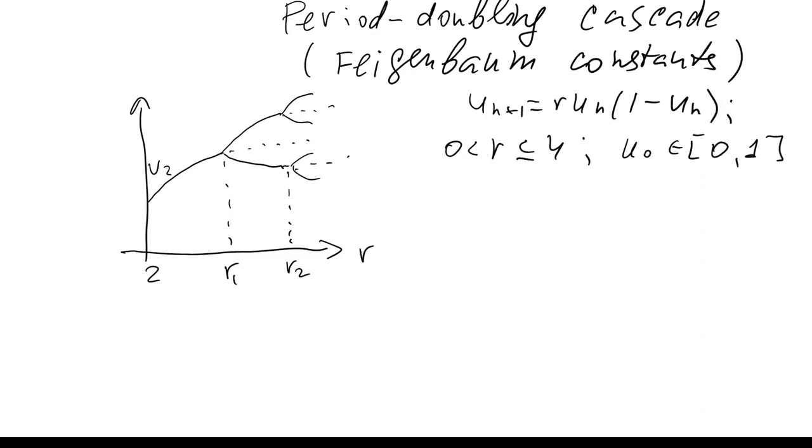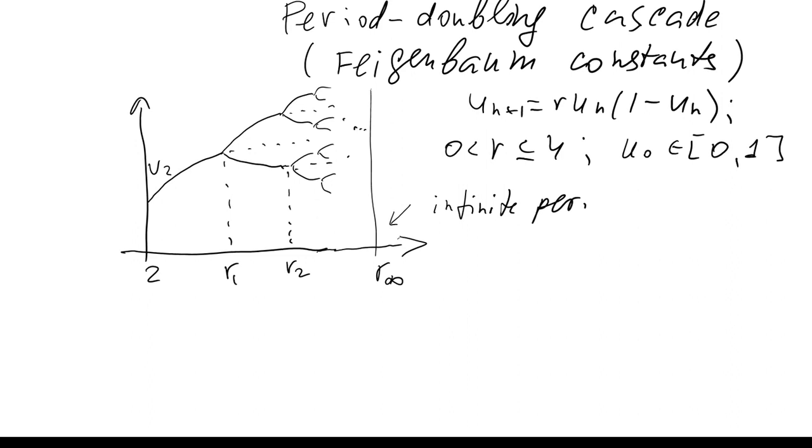Then these four periodic solutions become unstable at some point, and 8 periodic solutions appear, and so on. So what we will have at some point, we will have R infinity, when infinite periodicity appears.